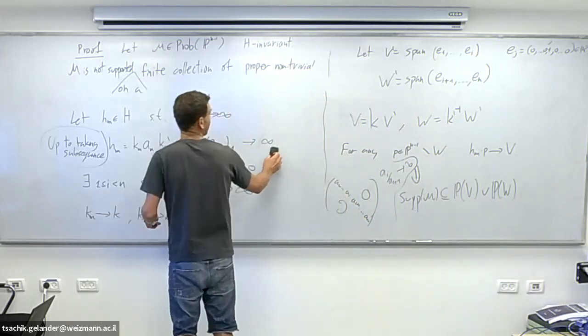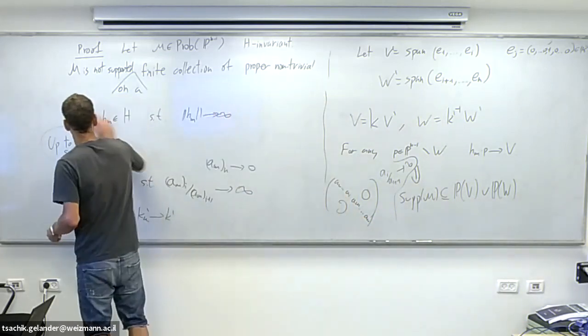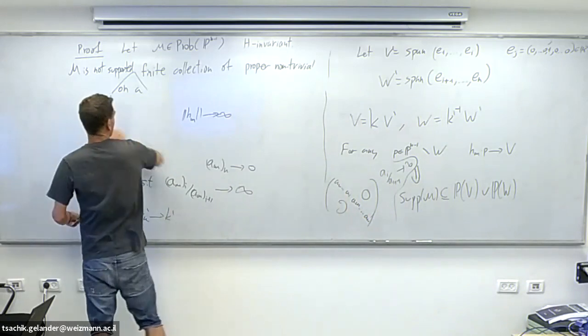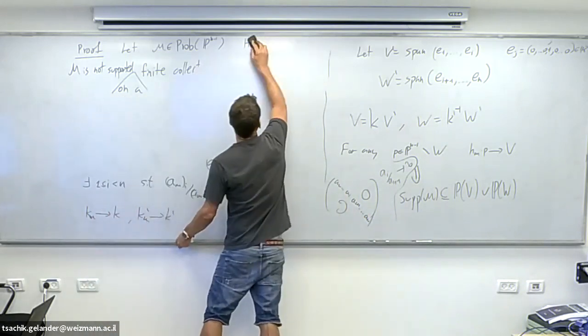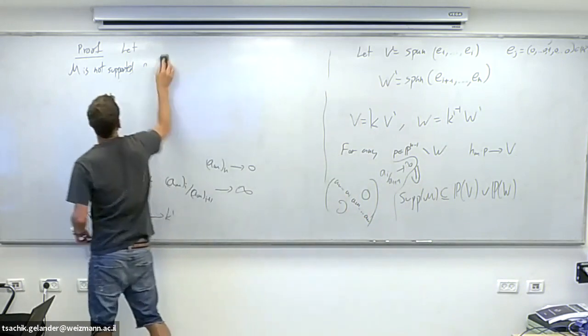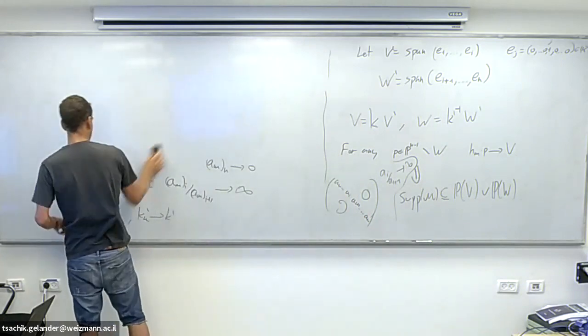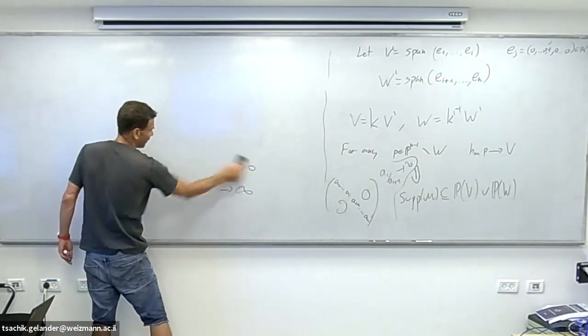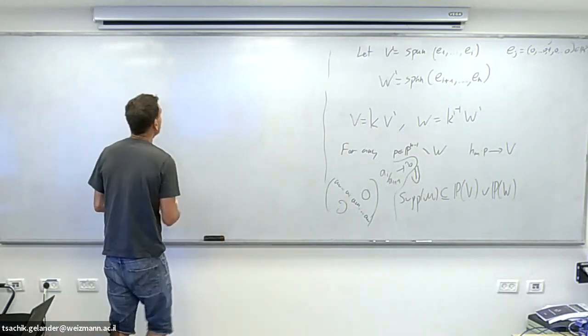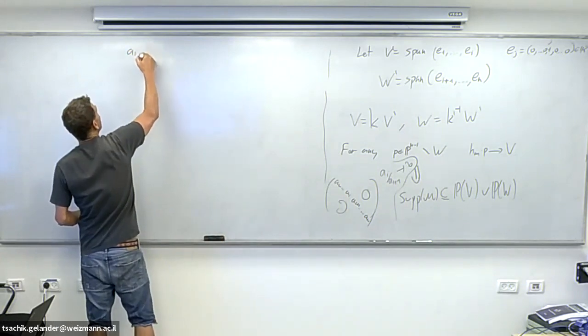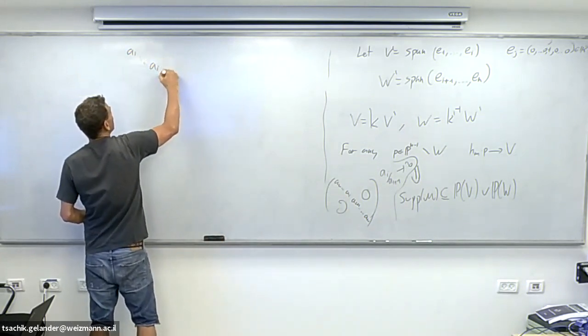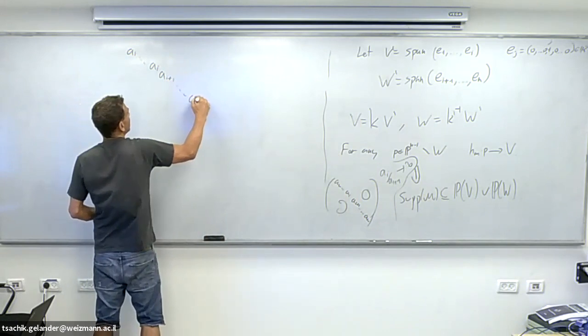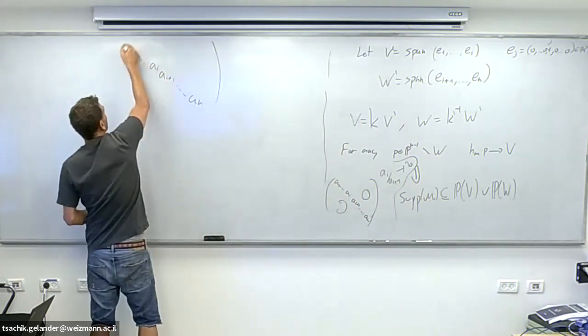Suppose you have a, what is a projective point? I take some representative, which is a vector. I think of vectors up to scalar. I don't care about scaling. So I have A_1, A_i, A_{i+1}, A_n.